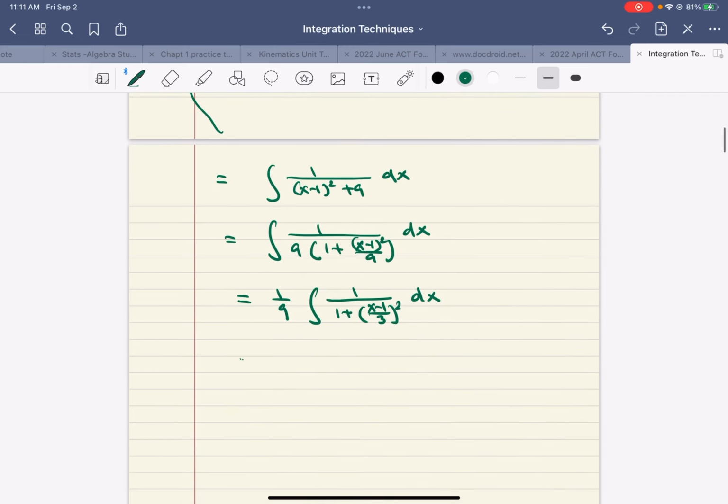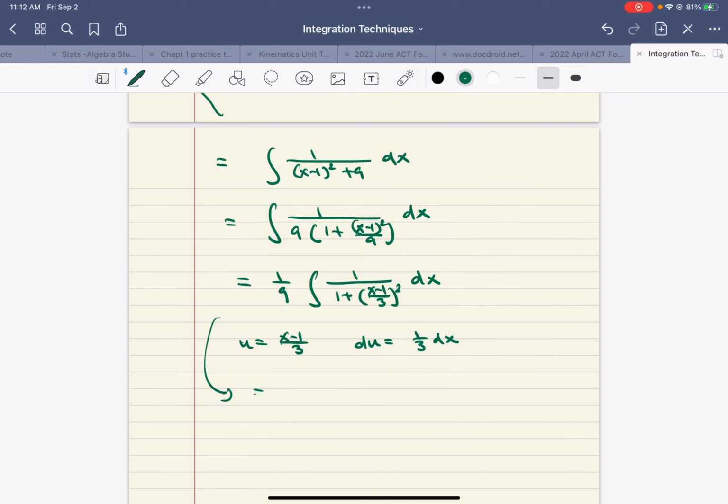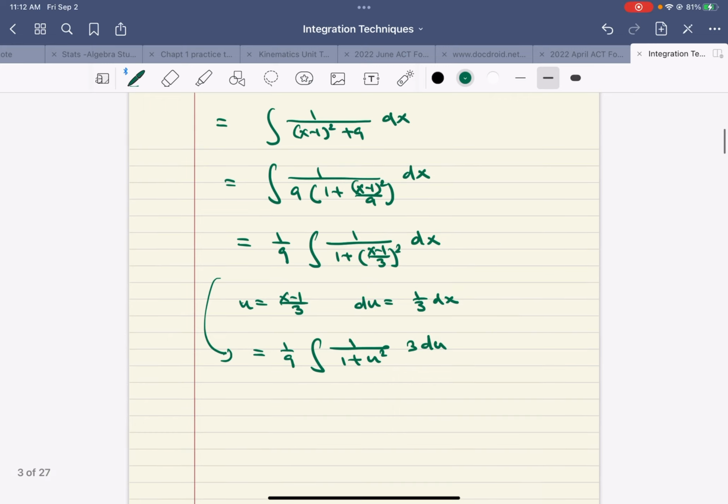Now, let's use a u-sub. u is x minus 1 over 3. So du equals 1/3 dx. So that will be 1 over 9 integral 1 over 1 plus u squared, and dx is 3 du. Okay? So then 3 you can take out, 1/3, integral of 1 over 1 plus u squared du.